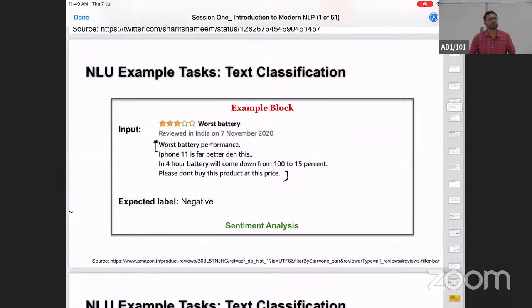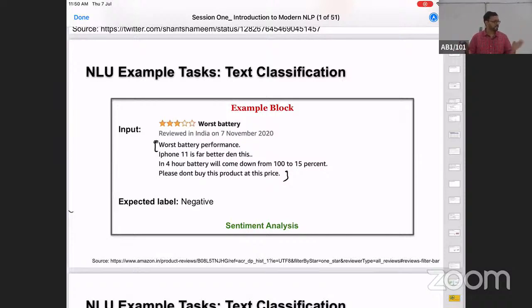In 4 hours battery will come down from 100 to 15%. Please don't buy this product at this price. That's what it says, right? The expected output from our system is that it should give a negative sentiment to this text, right? So this is the model that we want to develop.